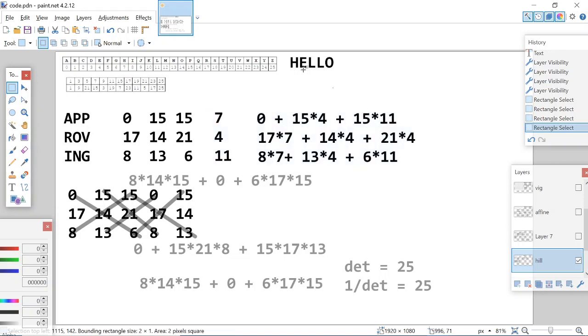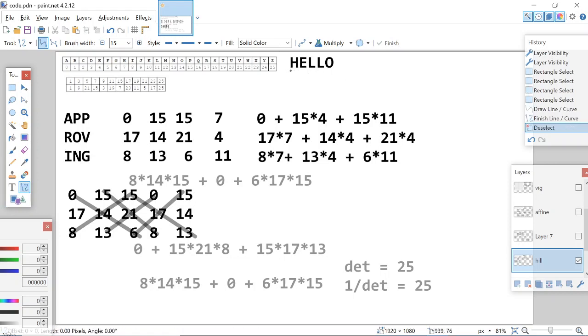As you see here, I just took HELLO, and instead of doing 2-letter blocks, 3-letter blocks. So HEL, and then LO, and then Z at the end. Same concept, first row, first column, for the first row, first column box. So 0 times 7, 15 times 4, 5, 15 times 11. So it's basically the same thing as 2 by 2, except you have another multiplication.